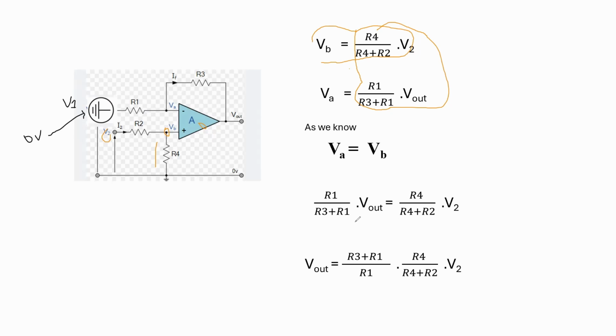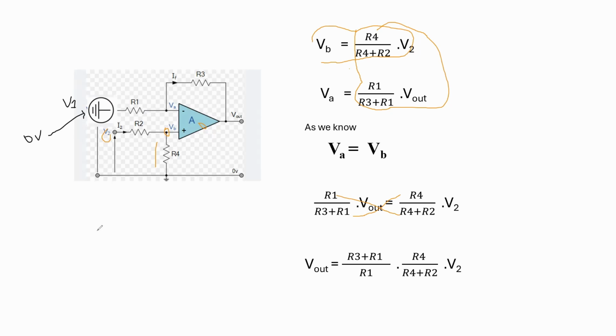Then we get the equation for Vout. This part goes to this side and this part goes to this side. So R3 plus R1 on the top and R1 on the bottom.